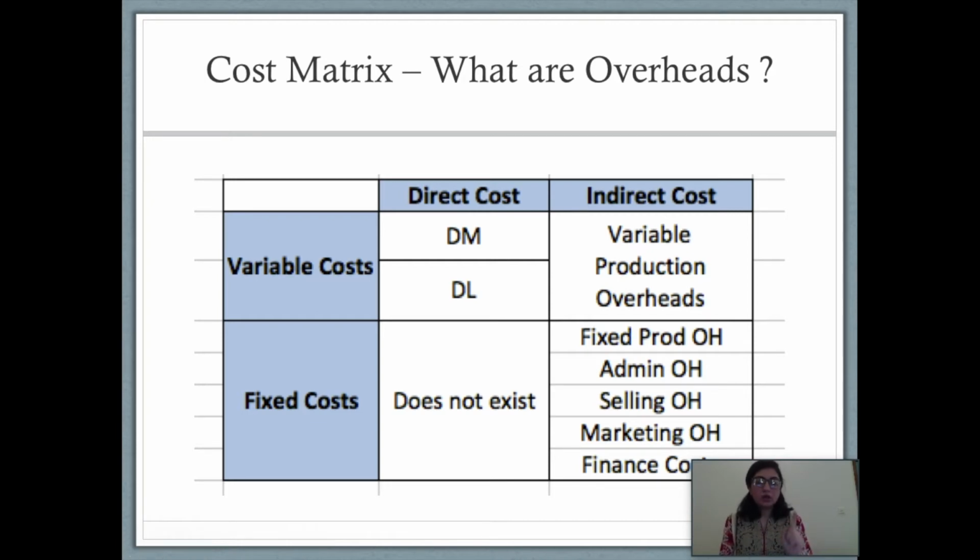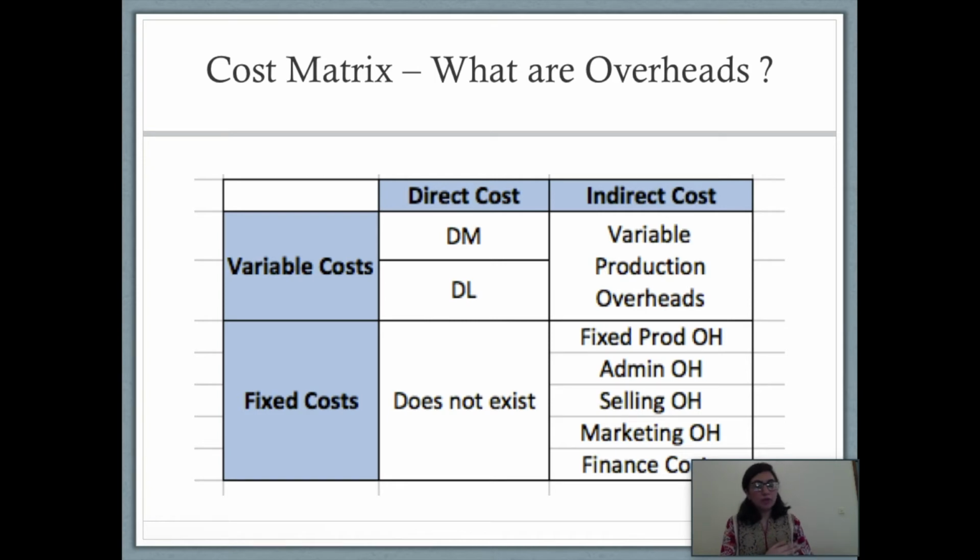But absorption costing deals with only indirect costs. Could be production overheads, could be overheads that are fixed. But when we go in detail, we're going to see that absorption costing only deals with fixed indirect costs, fixed overheads, because variable overheads was already dealt with in marginal costing.